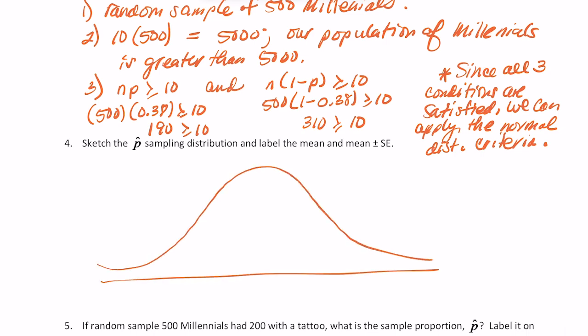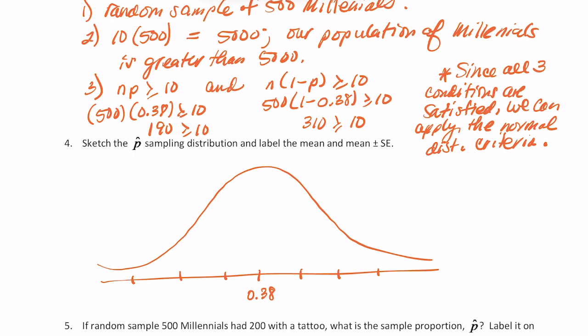And remember that in the center is your mean, and your mean here is p, which is 0.38. And we're going to graph 2 standard deviations, 2 or 3 out. It doesn't really specify here, so let's do 3 out in either direction. So in order to get those other values, remember that your standard error was 0.0217.